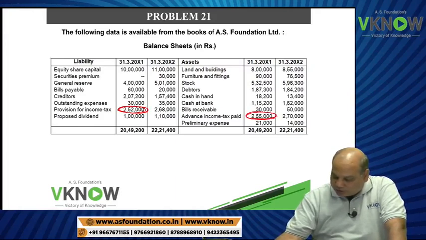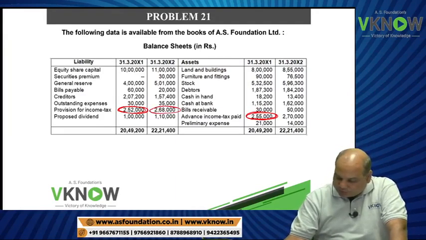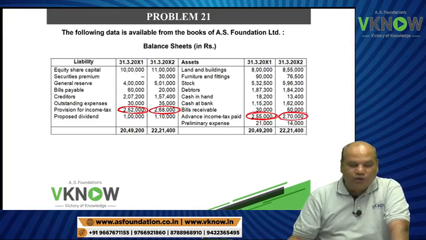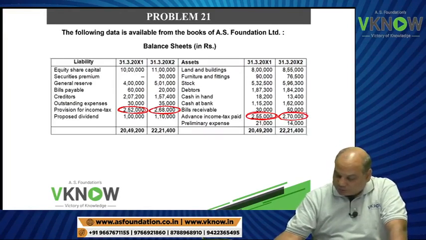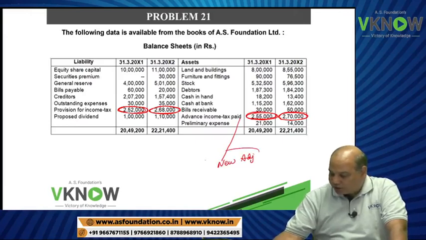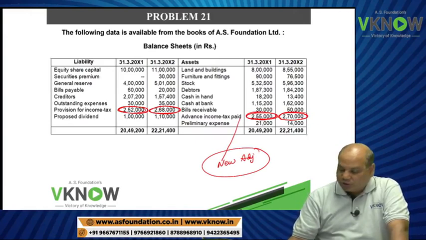Last year advance tax paid 255. This year provision is 268, and this year advance tax is 2,70,000. So there is a new adjustment in this problem related to advance tax. Something is new in every problem.